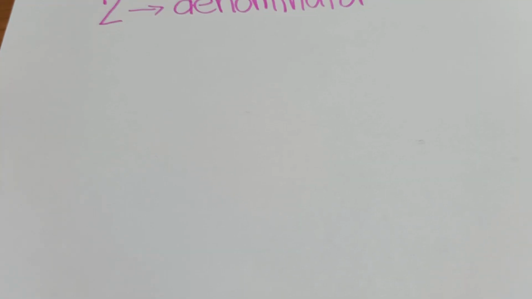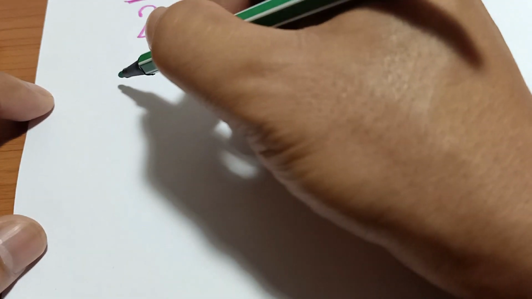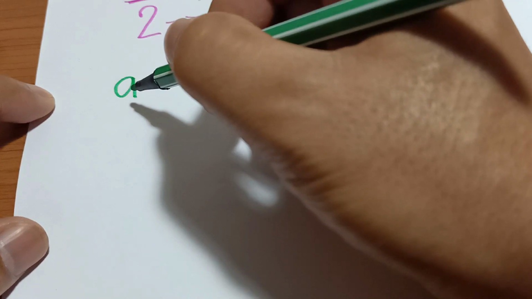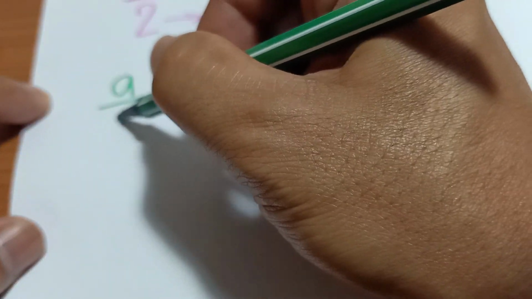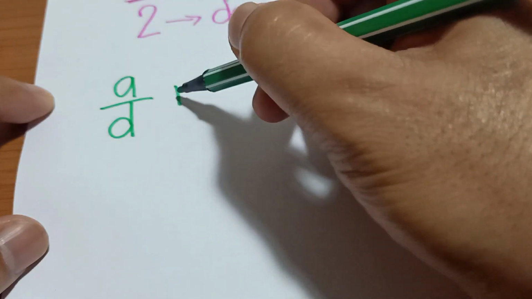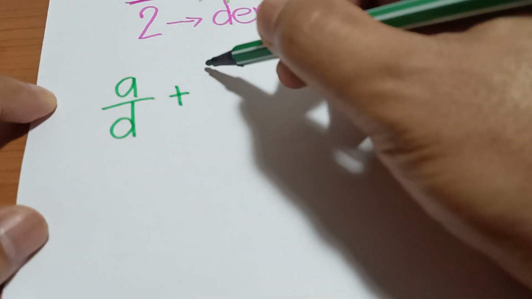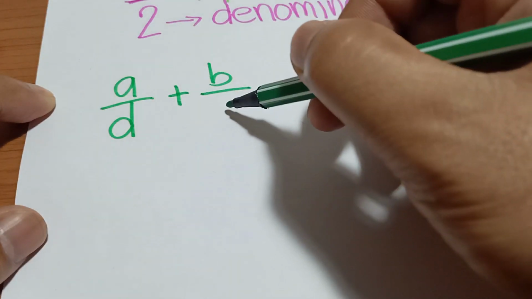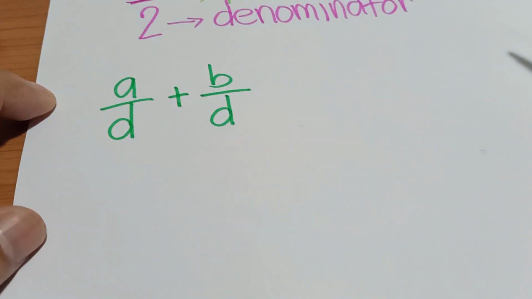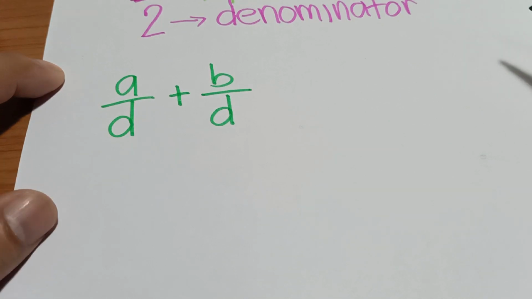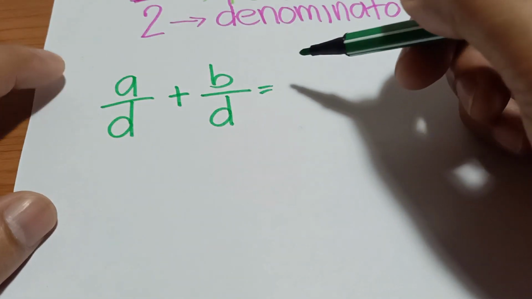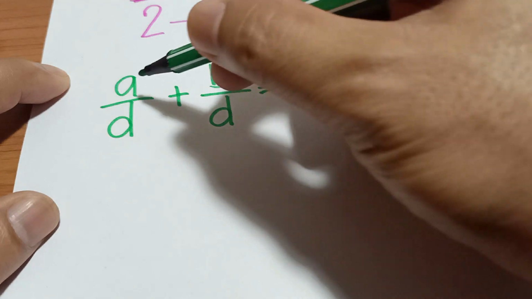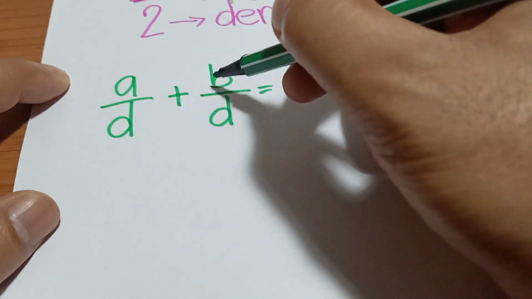Okay, let's go to the adding of fractions with the same denominator. For example, if you have a over d plus b over d, that is the condition. All you have to do is add the numerators.